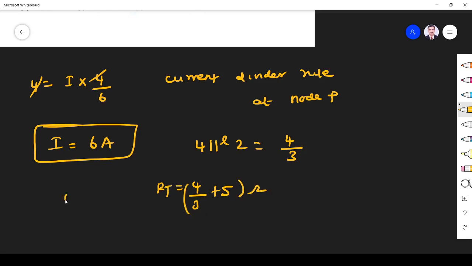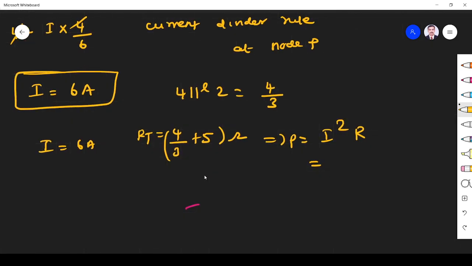I is equal to 6 ampere. This implies P is equal to I squared into R. I squared is 36.